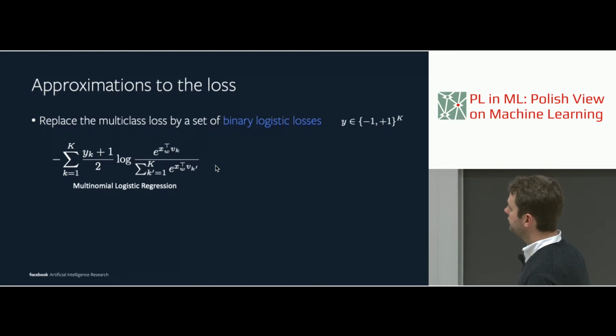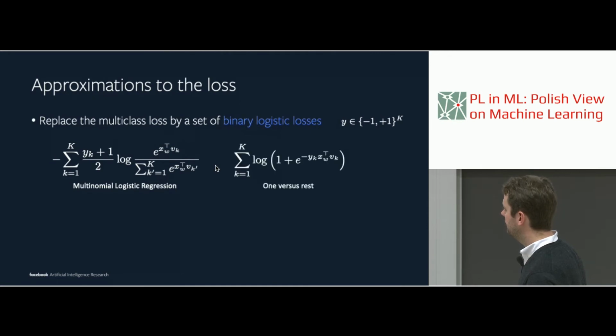The multinomial logistic regression reads something like this: the negative log likelihood. We basically replace that by k independent binary classifications, which in itself doesn't make your model more efficient, because what's hard is computing this part, the sum over k.